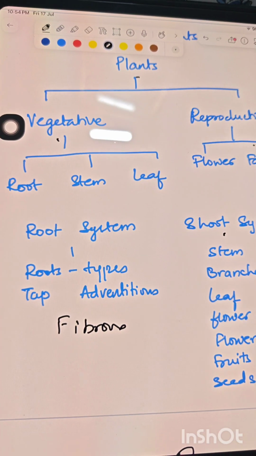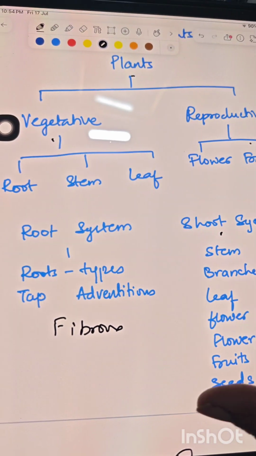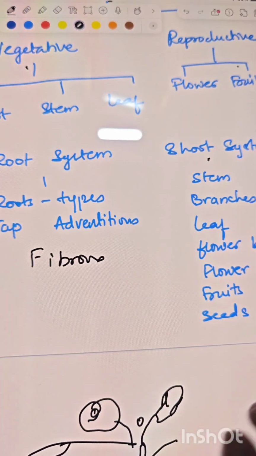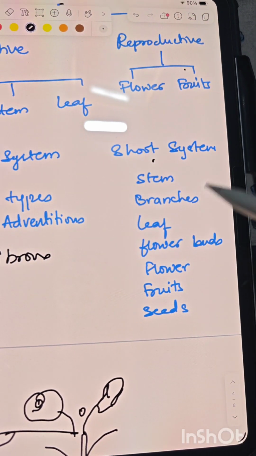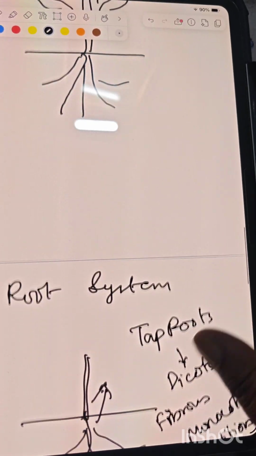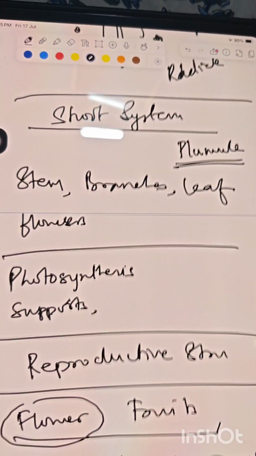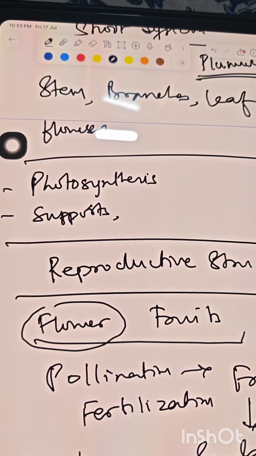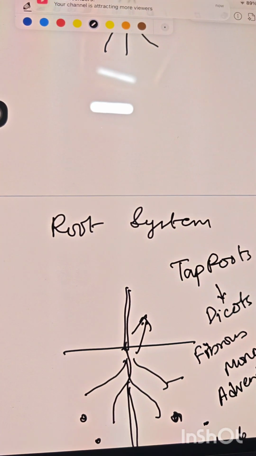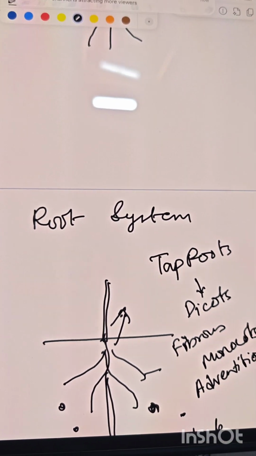It is divided into root system and shoot system. Root system has different forms of roots. Shoot system has stem, branches, leaves, flower buds, flowers, fruits and seeds. So you must be able to describe the two basic systems, root and shoot, in any body plan of the plant. Thank you.